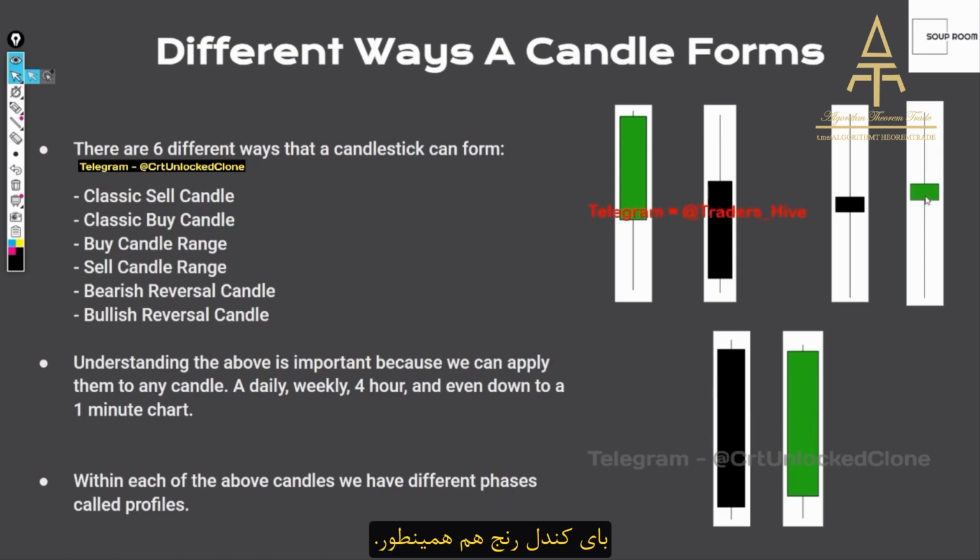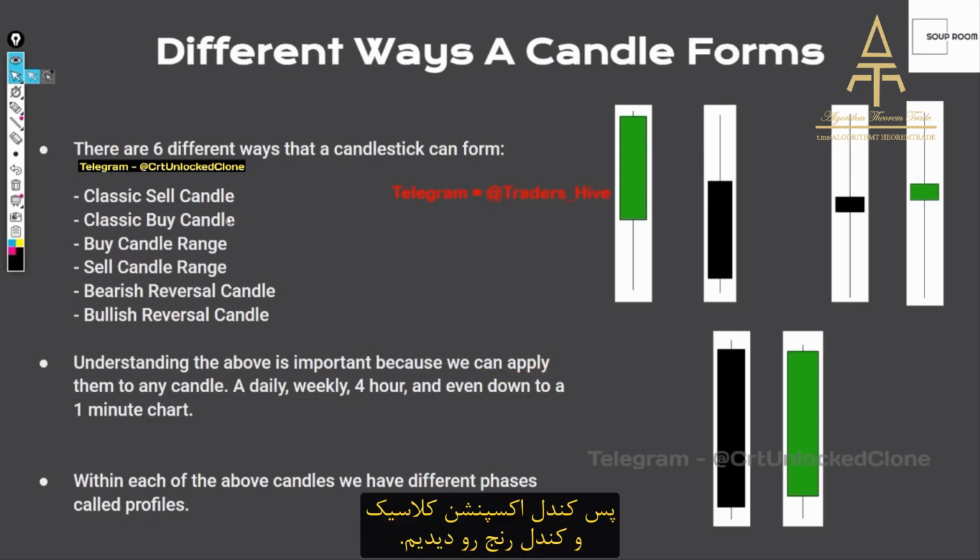We have price opening, likely manipulating lower, taking out some PD arrays, rejecting a low, manipulating higher, rejecting PD arrays, finally rejecting a high, and finally coming back down near and around the open. This is a ranging candle, right? So we have a classic candle, expansion candle. We have a classic ranging candle.